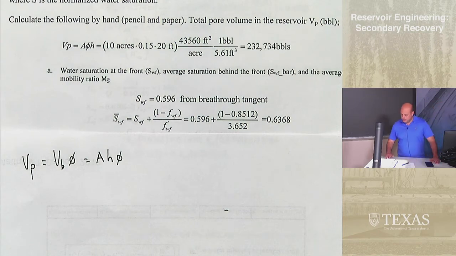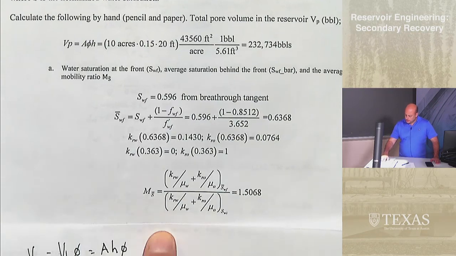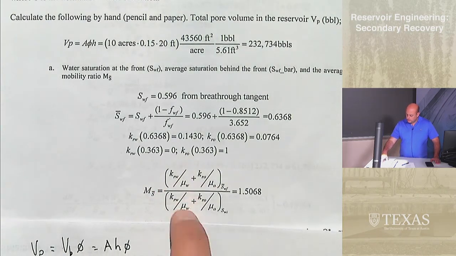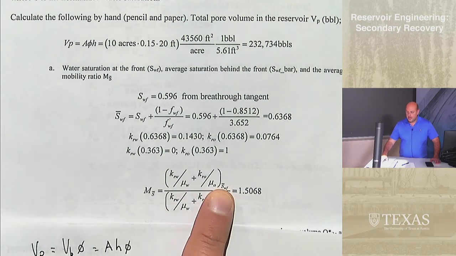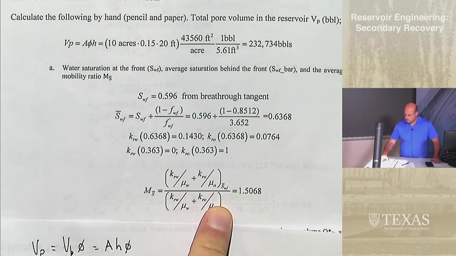And so the formula is this one right here. MS bar is this ratio of these mobility sums. Your water and oil viscosity are given in the problem statement, 1 centipoise and 10 centipoise.